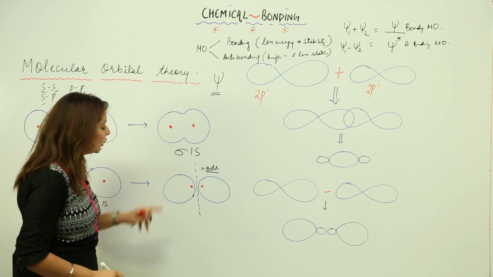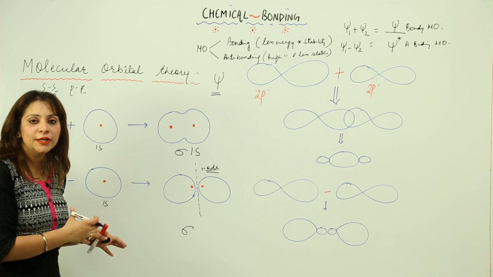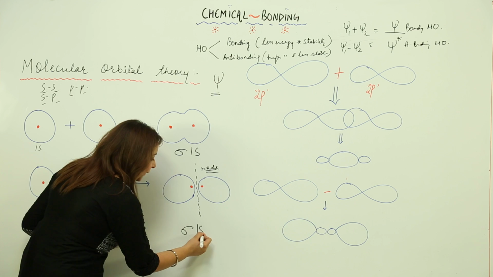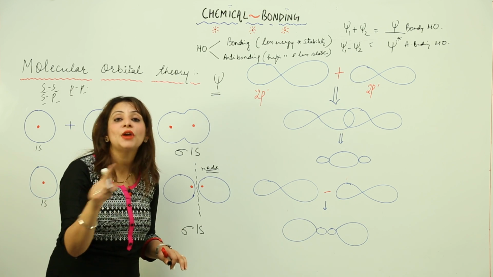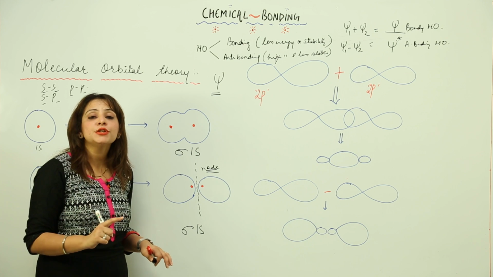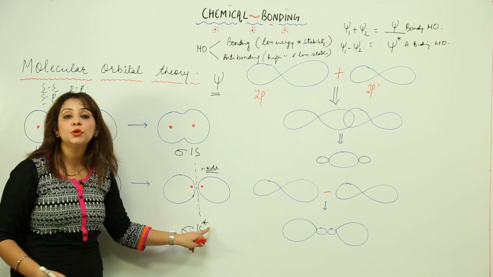Now if I talk about this bond, obviously it was trying to do an end-to-end overlap, so it is again a sigma bond. 1s is my orbital, but it is formed by the subtraction, and we know that the bond which is formed by the subtraction of wave functions is nothing but anti-bonding. So you need to put an asterisk sign.